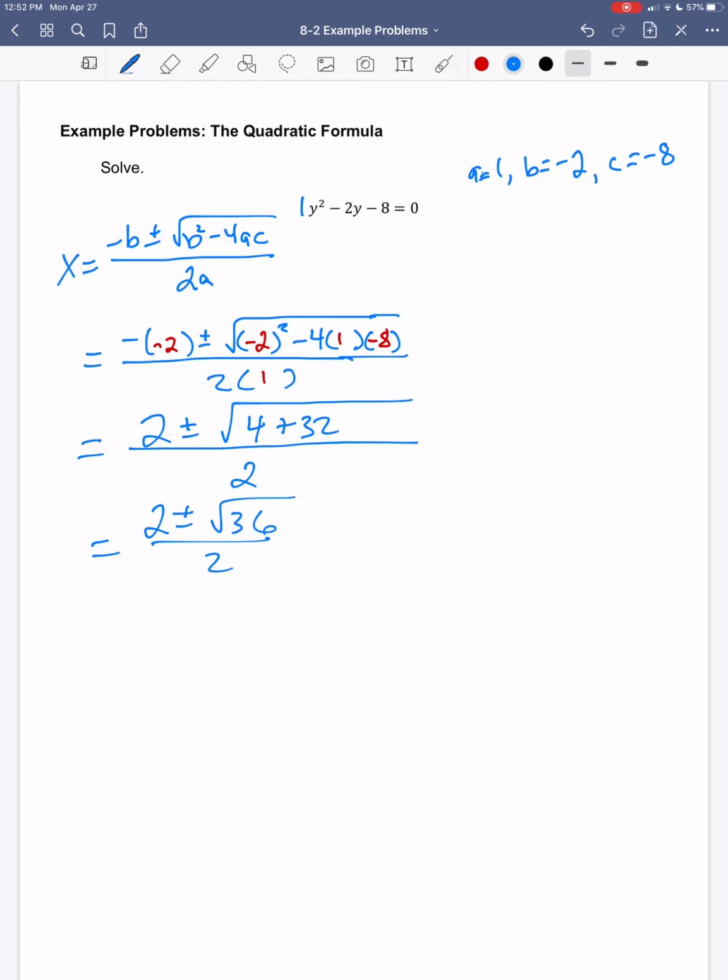A couple things here. Other mistakes that people make, they try to start canceling, doing weird canceling. I cannot cancel out these 2's. I certainly can't cancel anything with this 36 with this 2, because I can't cancel something inside a radical with something outside a radical. The other part is I can only cancel something out if it's a common factor.